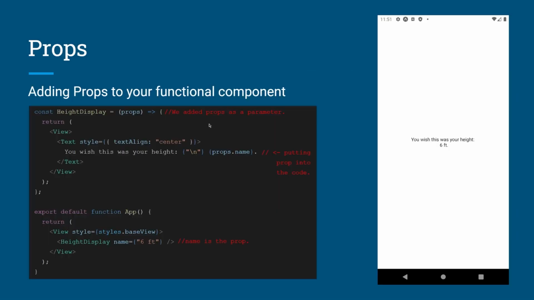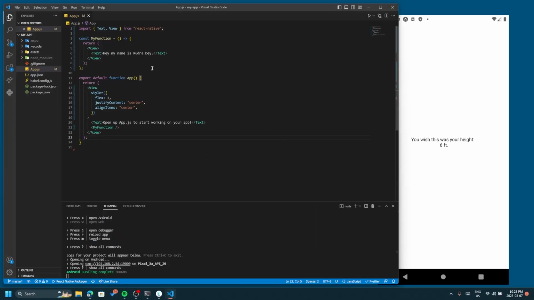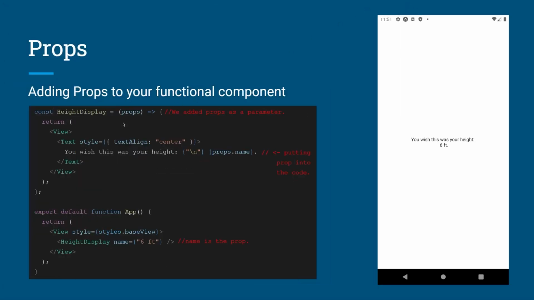Alright, so here's some code. As you can see before in our app, there is nothing in between these brackets. These are where the props go. As you can see in this code, props is over here, and props is a parameter. Down here in function app, we're actually inside the first tag. We are actually writing a prop called name. Name is equal to 6 foot.